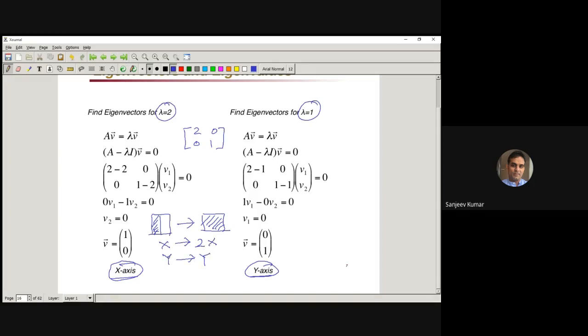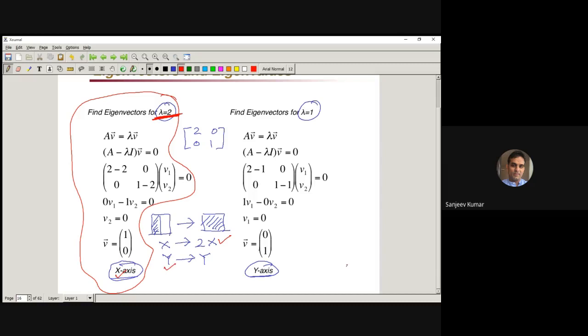So what I can say from this analysis is that eigenvectors are giving me the direction of the change, and eigenvalue is giving me the amount of change. Like in the x direction, I am having a change of 2 times.